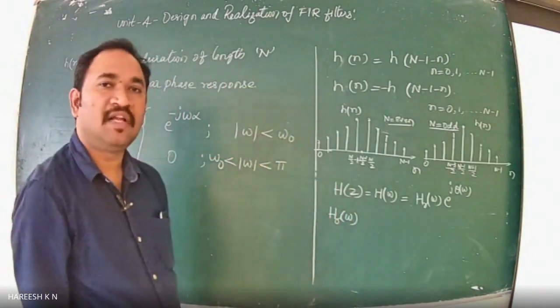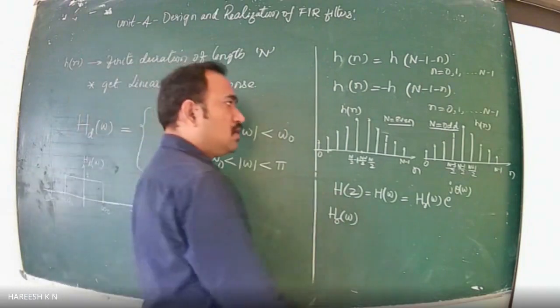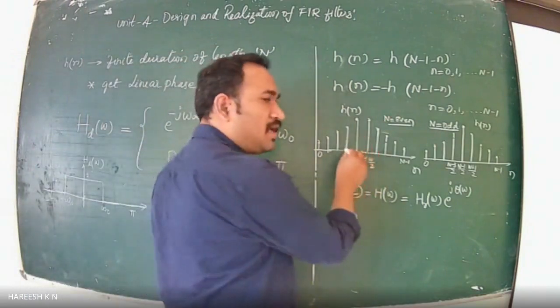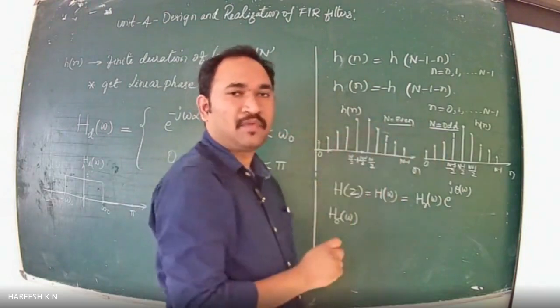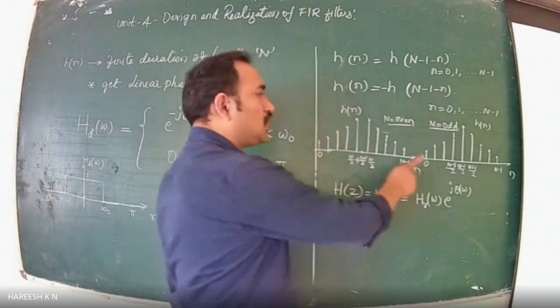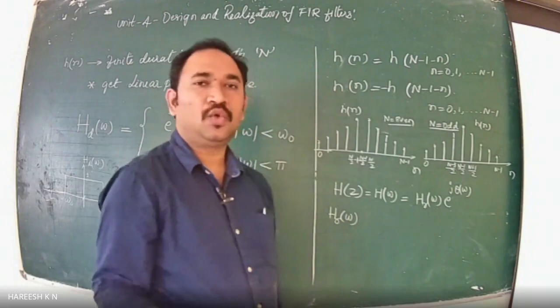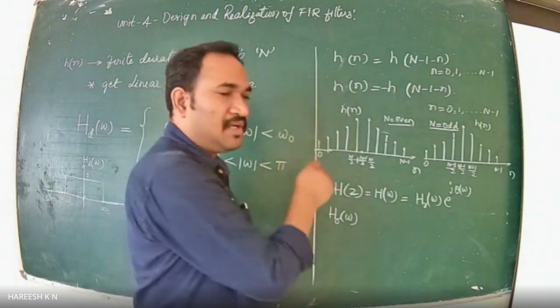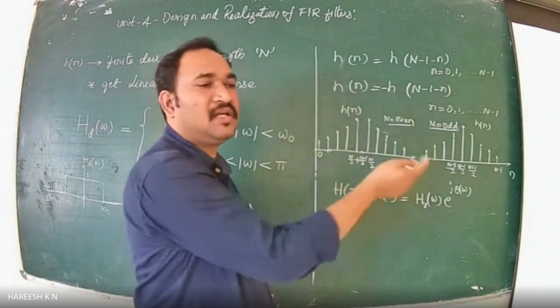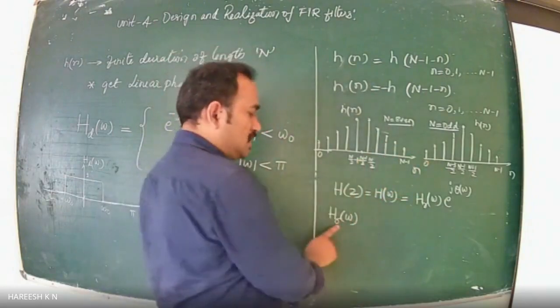takes a different form based on whether h of n is symmetric or anti-symmetric. Once again, in symmetric there are two types, isn't it? Therefore, we need to look into four types basically. In symmetric, two types, and in anti-symmetric, another two types of H r of omega.